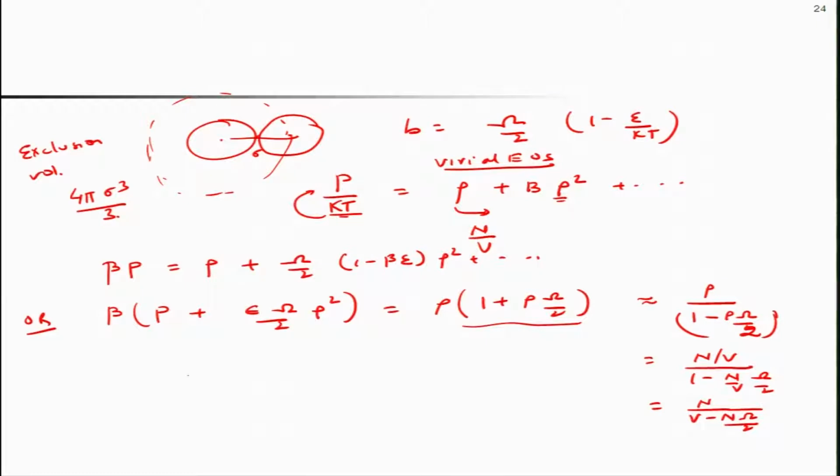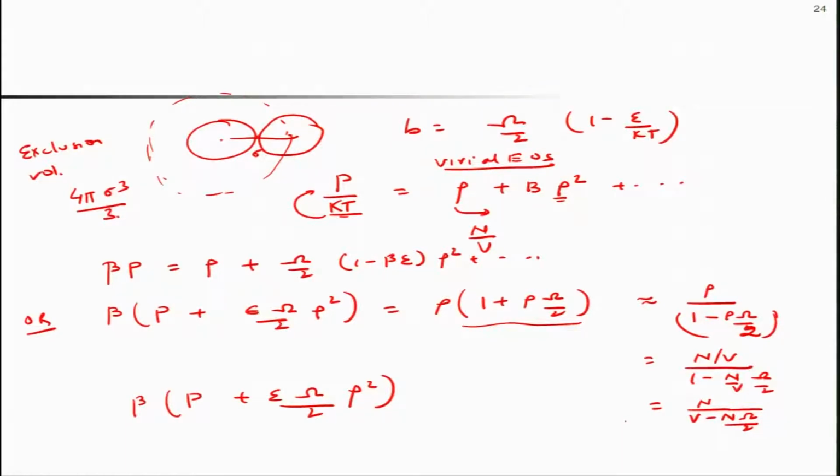Looking at this expression, beta P plus epsilon by 2 rho square has some commonality with the van der Waals equation of state. In fact, this is exactly the van der Waals equation of state.